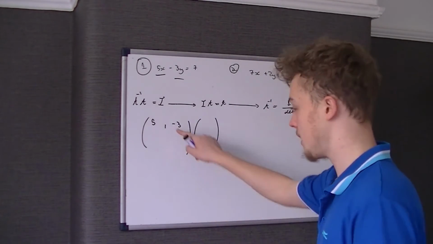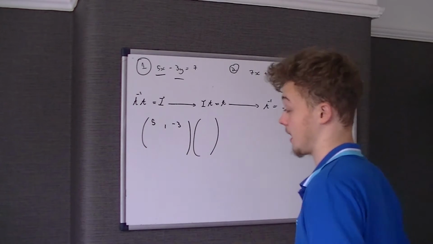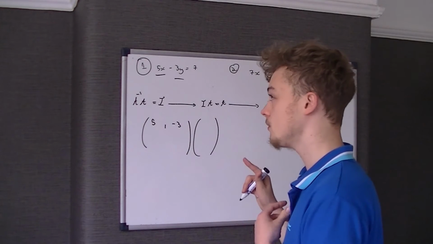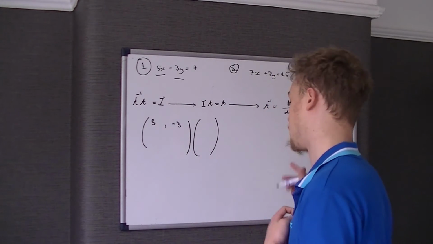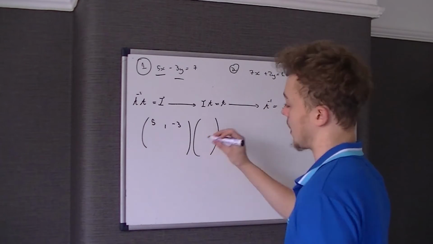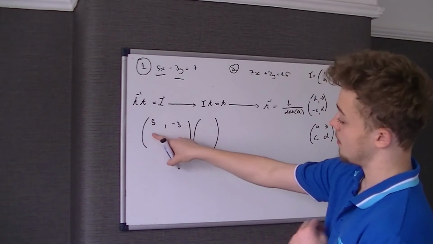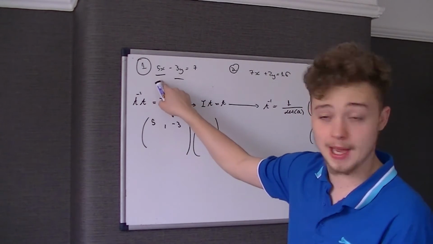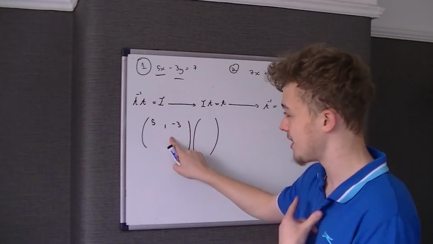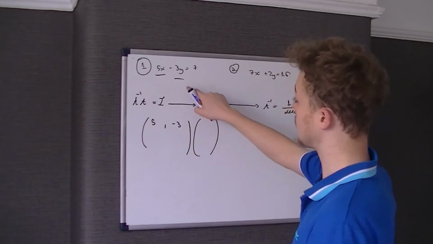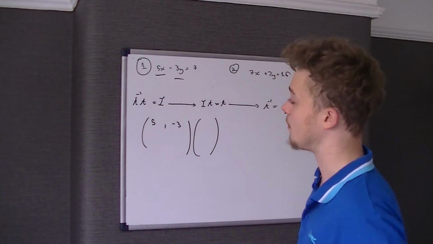So it's a 2x2 here, and it'll be a 1x2, sorry, whichever one it is. Basically the 5 comes from the x coefficient of the first equation, and minus 3 comes from the y coefficient of the first equation as well.